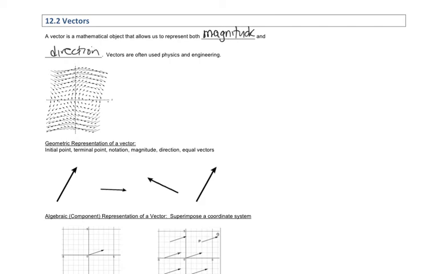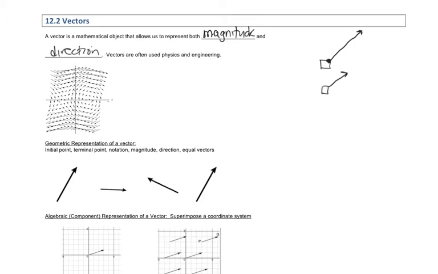So for instance, if I have some sort of object here and I'm pulling on it with a certain force, then I want to be able to represent that force, how hard it is and which direction I'm pulling it. So for instance, a force like this, I'd want to have a way to represent that the first force is stronger than the second force, for instance. So a vector is a way that we can tie together magnitude and direction.